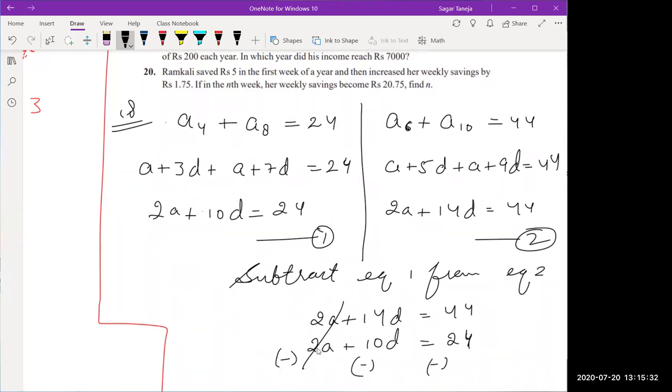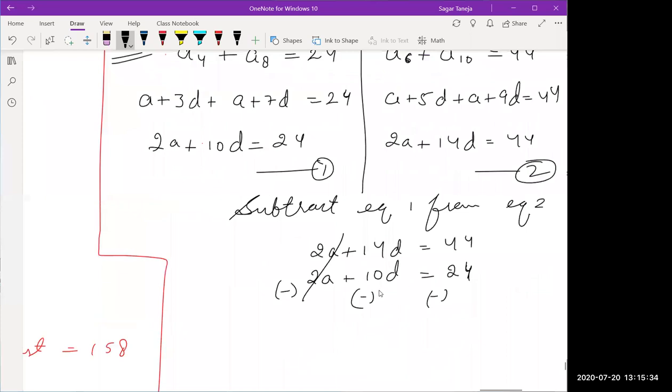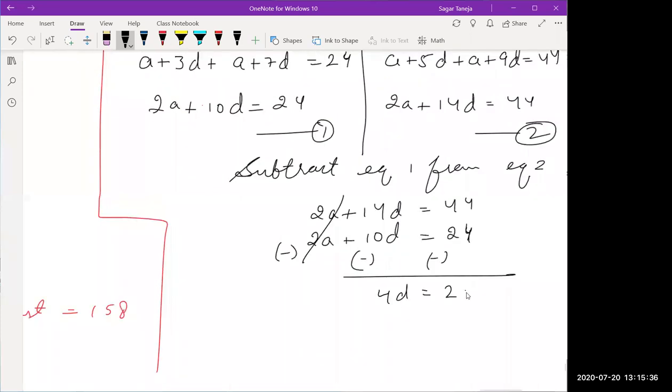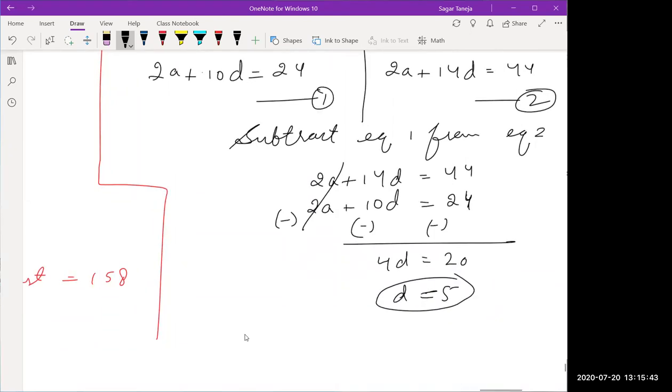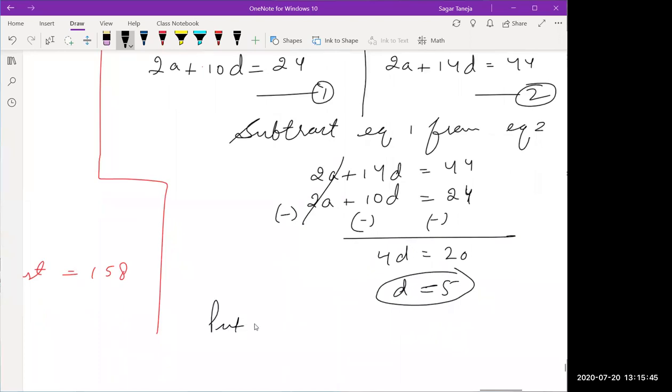So 2a minus 2a cancels out, and here we got the value of d as d is equal to 5. Taking out the value of a, put the value of d in equation 1.